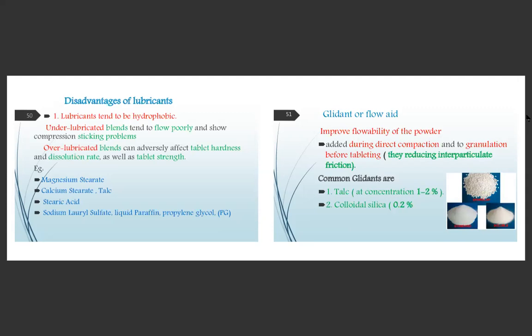Lubricants tend to be hydrophobic. Many of the lubricants are oils, waxes. So they are hydrophobic. What happens if we add a hydrophobic agent to the tablets? It will reduce the wetting property of the tablet. So that is the disadvantage. And not only that, it will also not allow the tablet to disintegrate faster.